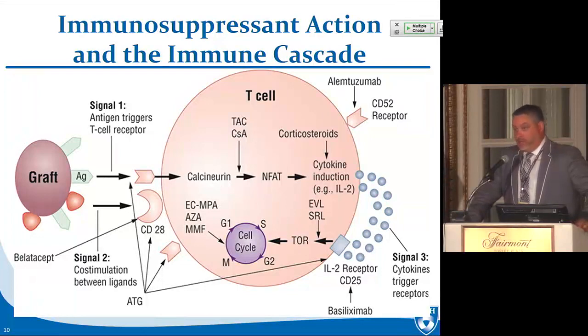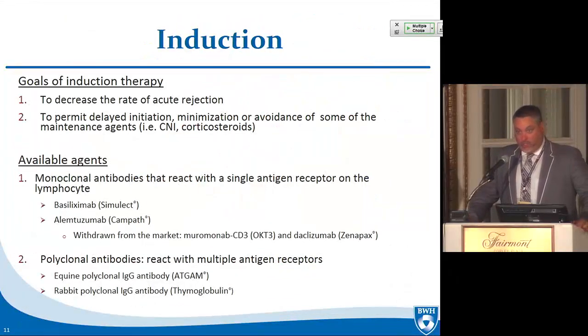And then, of course, intracellular, we have our drugs that prevent the formation of interleukin-2, including our calcineurin inhibitors and our corticosteroids, and our drugs that prevent response to interleukin-2, our mTOR inhibitors and our anti-proliferatives. And we'll get into each. But we'll start with induction.